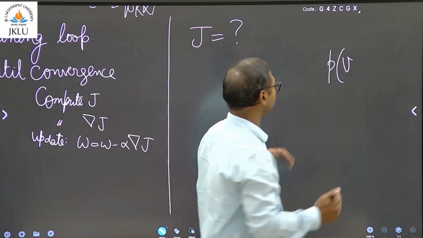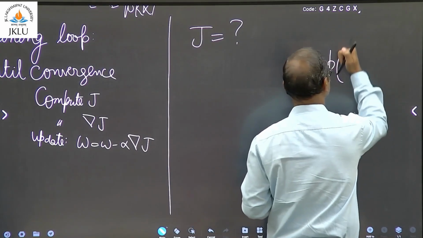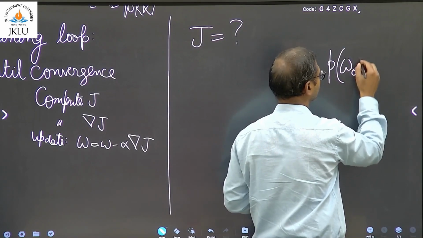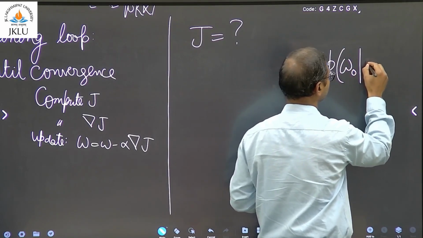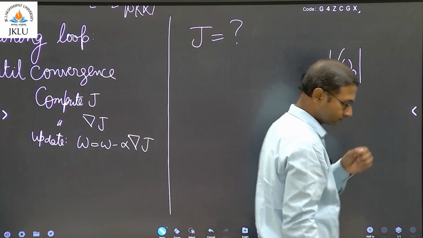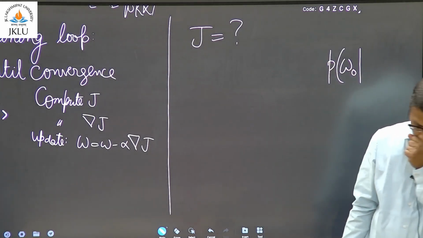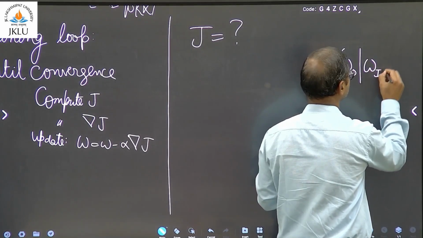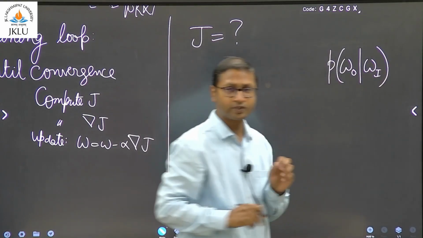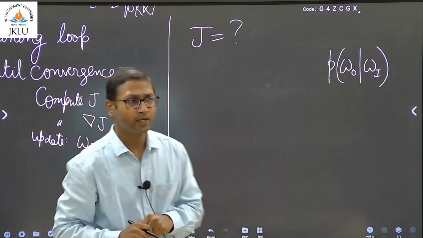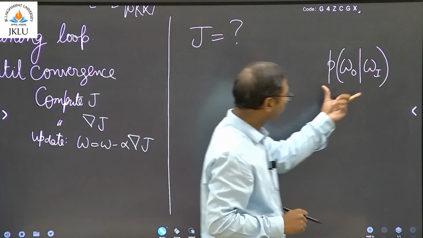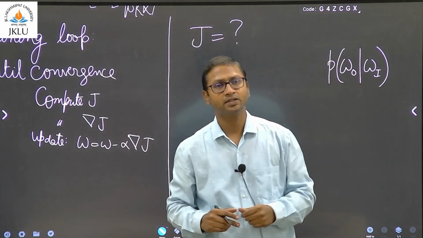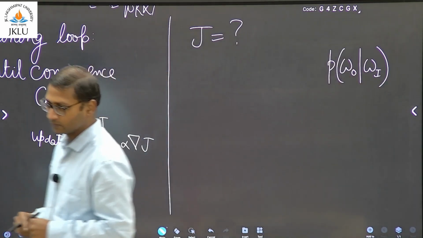So wait. So the probability of word output given word input, right? But this is what we saw yesterday. Okay. Now, what will be the numerical value of these probabilities? Of course.